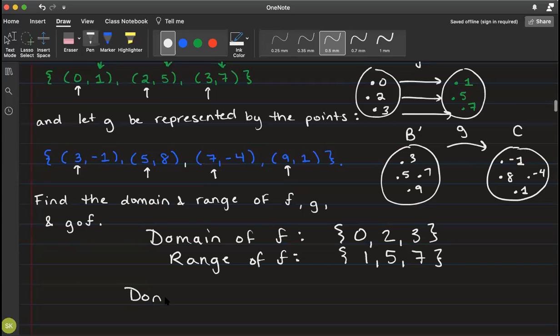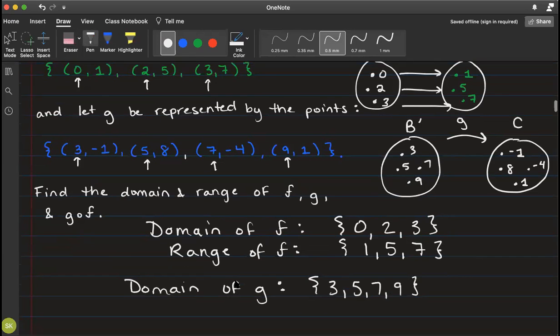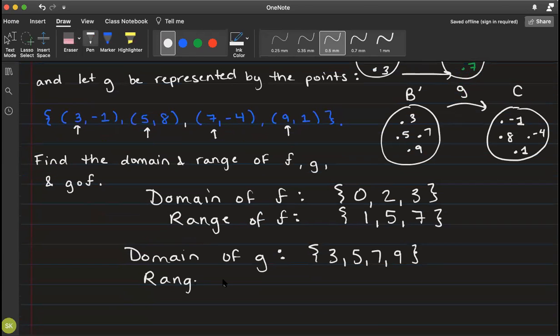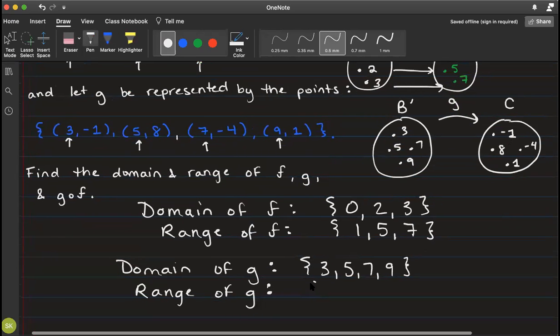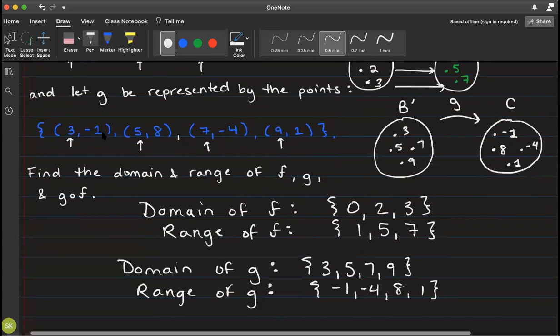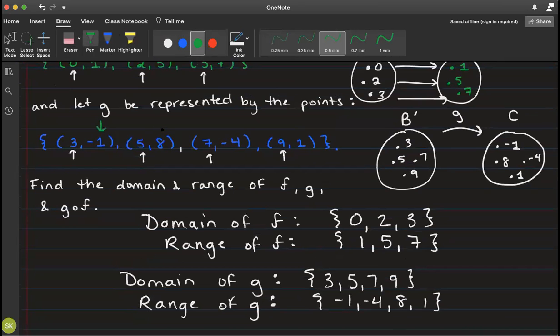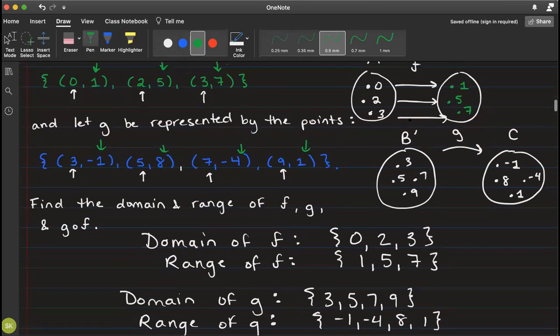The domain of g is 3, 5, 7, and 9. And the range of g is -1, -4, 8, and 1. That's just given by these values here. Okay, so now we have a nice picture.